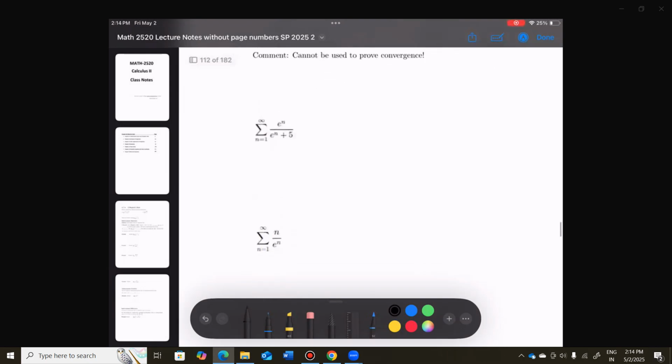The summation from 1 to infinity of e to the n over e to the n plus 5. We're going to look at the limit as n goes to infinity of e to the n over e to the n plus 5. The limit as n goes to infinity of e to the n goes to infinity, and the limit as n goes to infinity of e to the n plus 5 also goes to infinity.